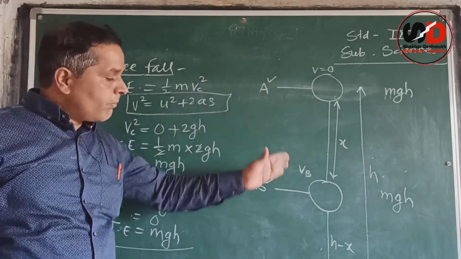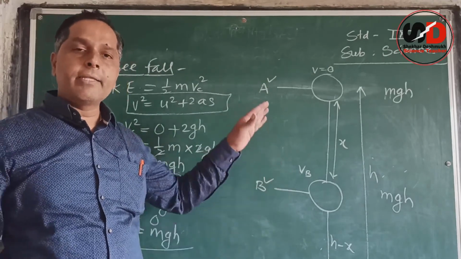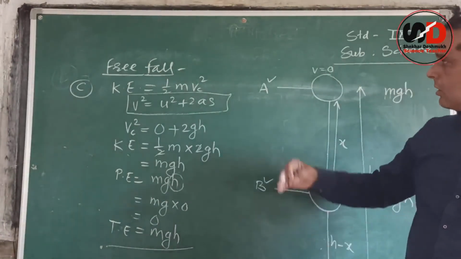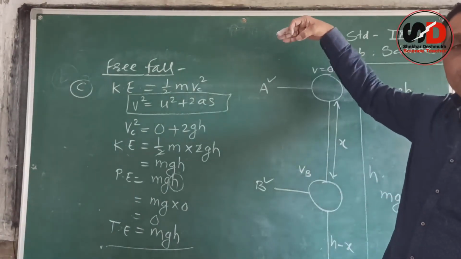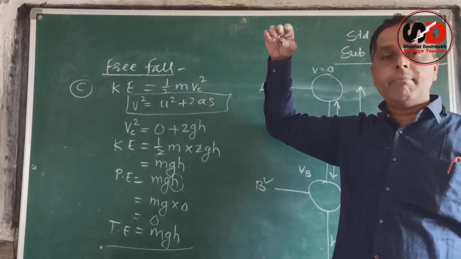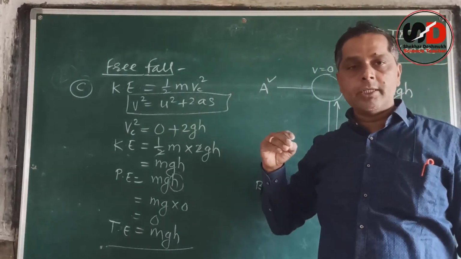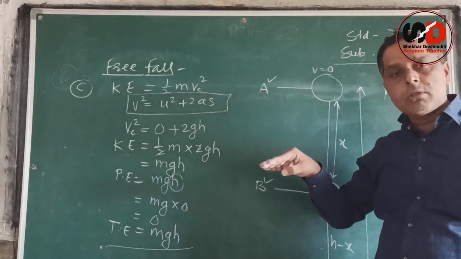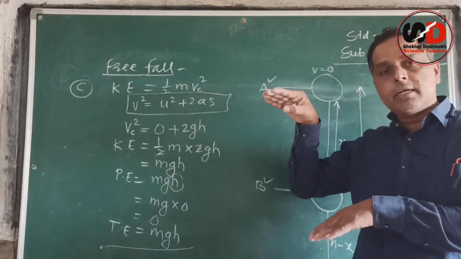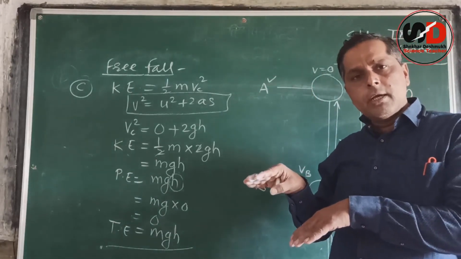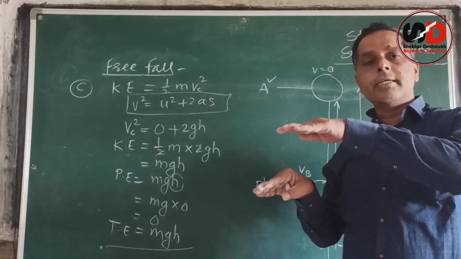By this explanation we can easily say that whenever the object is present at height h, it has potential energy mgh, the maximum potential energy, and kinetic energy is 0. As the object goes down, its potential energy gradually reduces and kinetic energy goes on increasing.